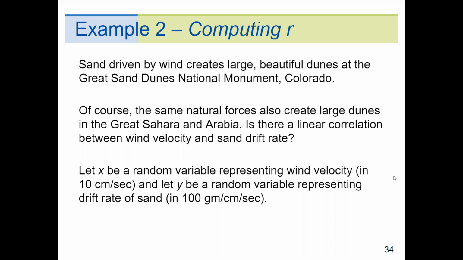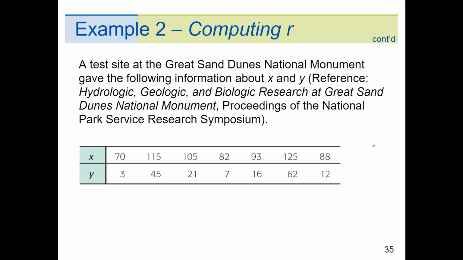Let x be the random variable representing the wind velocity in 10 centimeters per second, and let y be the random variable representing drift rate of sand in 100 grams per centimeter per second. Remember, R is unitless, so that won't really affect you. Test site at the Grand Sand Dunes National Monument gave the following information.